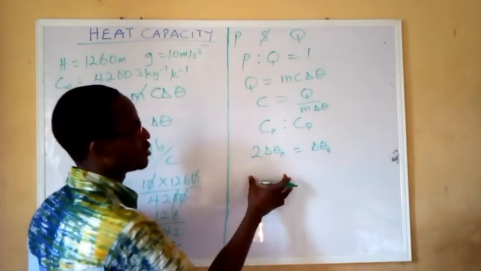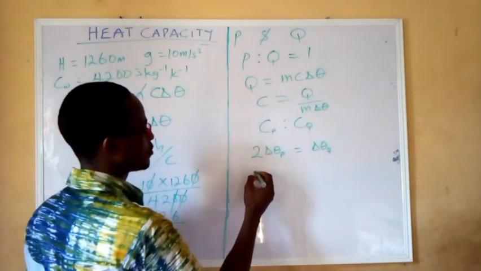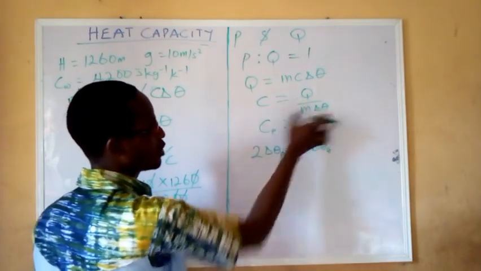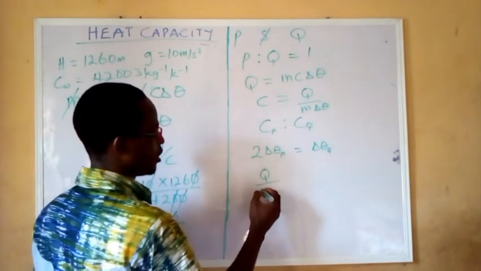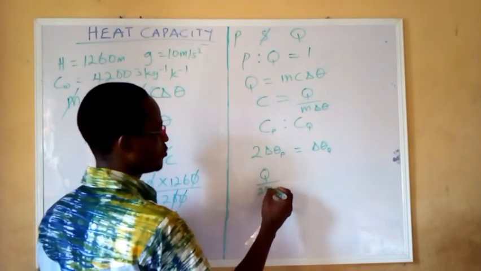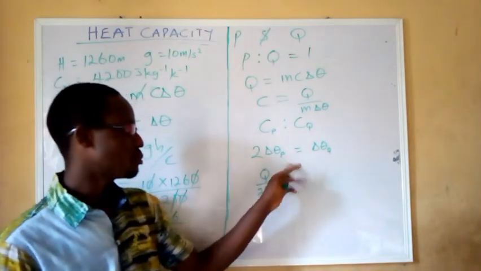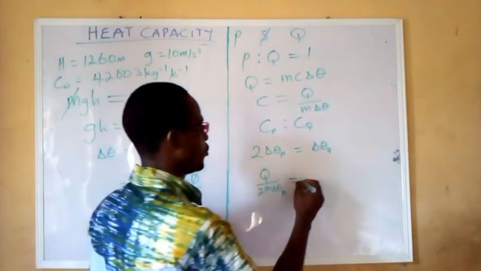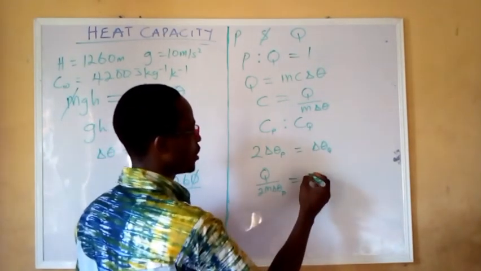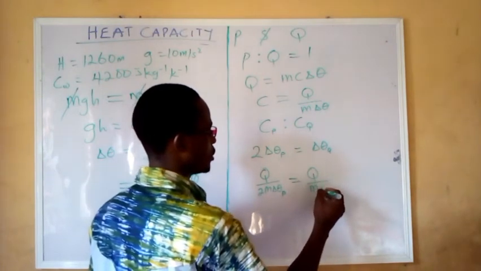So from there we can establish the fact Cp is going to give us, according to this formula, Cp will be Q all over 2m change in theta. Why? Because the change in temperature in P is 2 times that of Q. If we relate it to the ratio of Cq, we are going to have Q all over m change in theta.